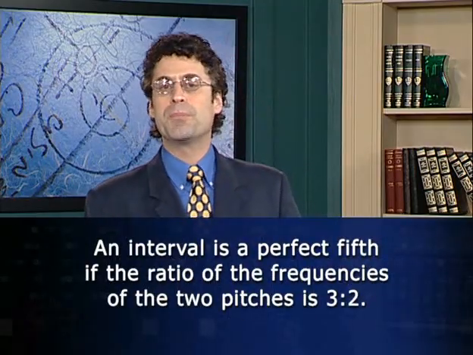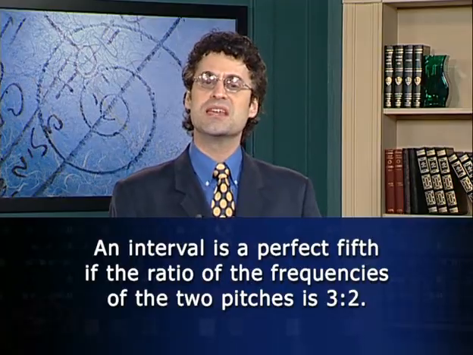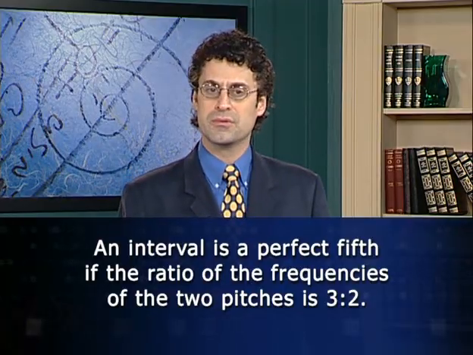An interval is a perfect fifth if the ratio of the frequencies of the two pitches is 3 to 2. Now, in Western music, the chromatic scale begins at one pitch, let's say A, and progresses up in what are called half steps until it reaches the note that is 1 octave above the starting pitch.